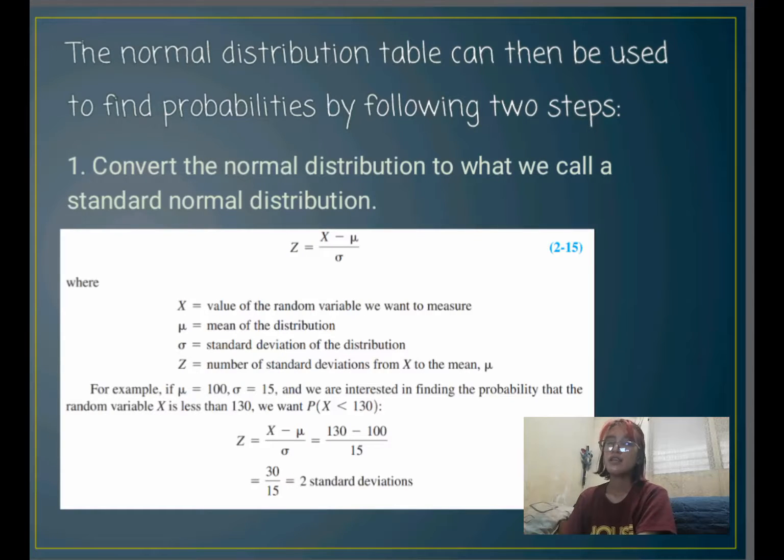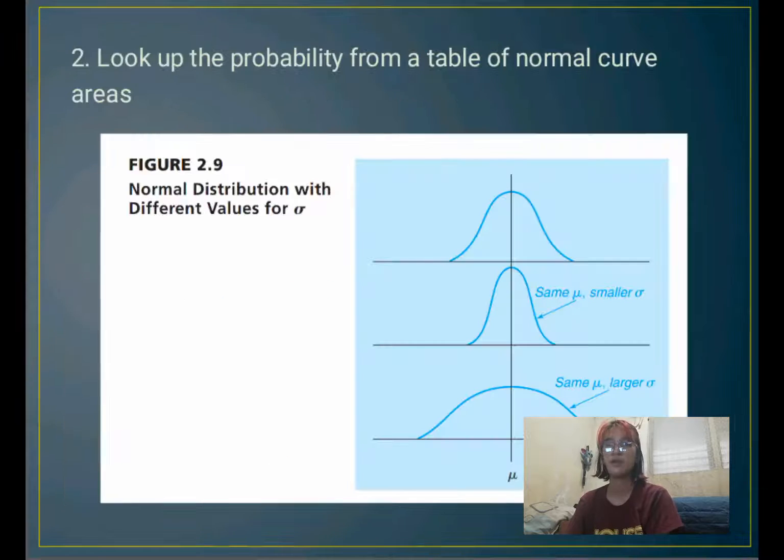Using the standard normal table has two steps. First, convert the normal distribution to what we call a standard normal distribution, and second, look up the probability from a table of normal curve areas.